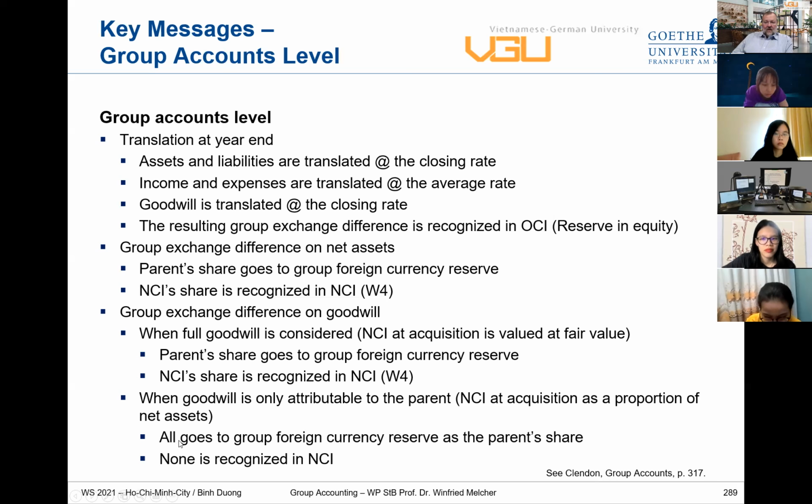And therefore, all the group foreign currency reserves go to the parent, and none is recognized in NCI. Okay, so these are the rules and the key messages for foreign exchange differences when we're looking at a group account level.